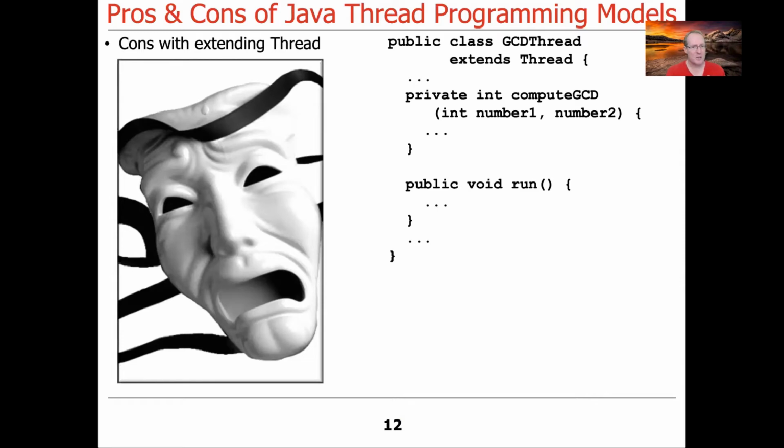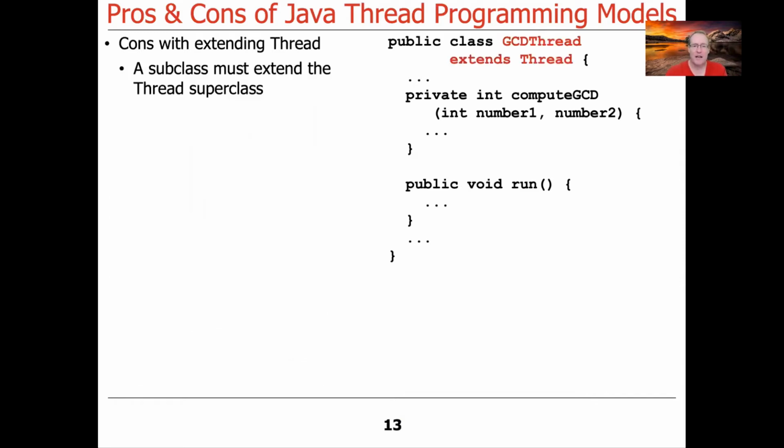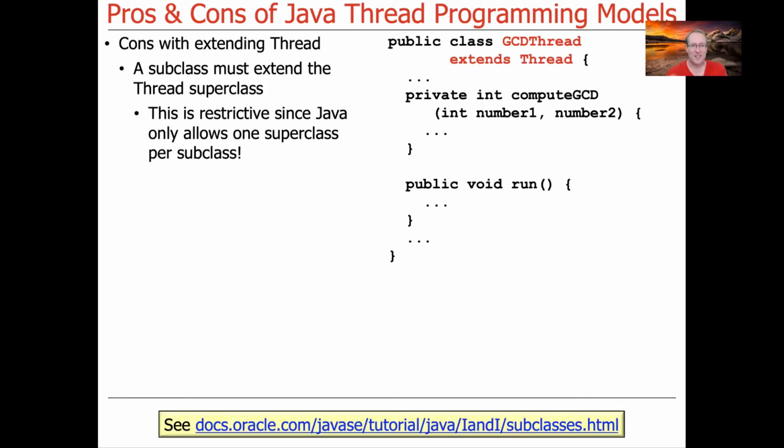But of course, there's some downsides with extending Thread. And one of the most obvious ones is that the subclass has to extend the Thread superclass. And if you recall the semantics of Java, which hopefully you learned about when you were taking earlier classes on Java, that can be overly restrictive since Java only allows one superclass per subclass. So once you've extended Thread, you're locked in, you're stuck.